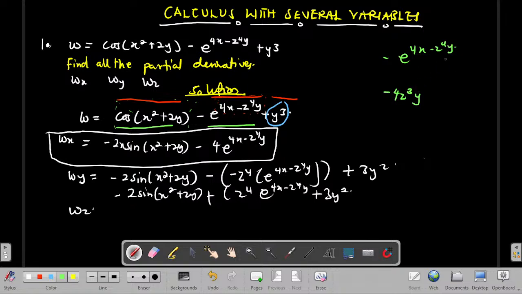Add negative 4z. Somebody will ask, why are you considering z? Then it means any other thing is a constant, if I had e to the power 4 times negative 4 times y, I'm taking the partial derivative with respect to z, not assuming it's a y trick.